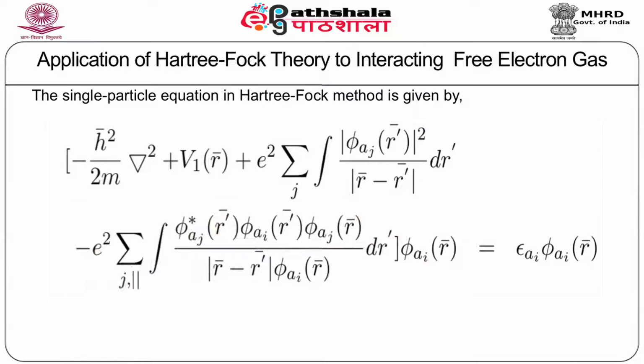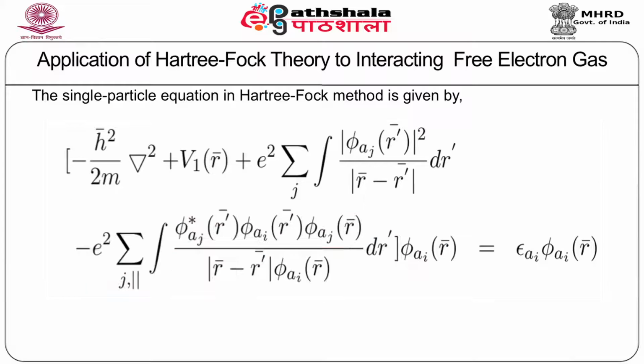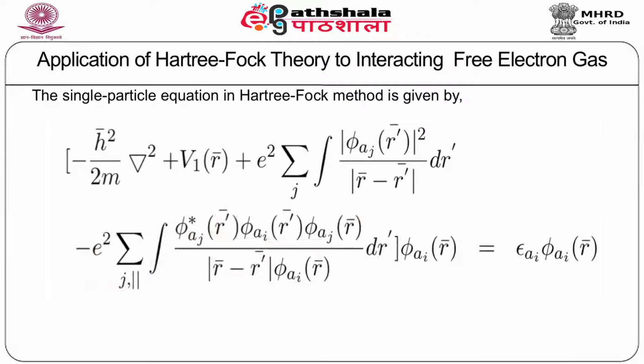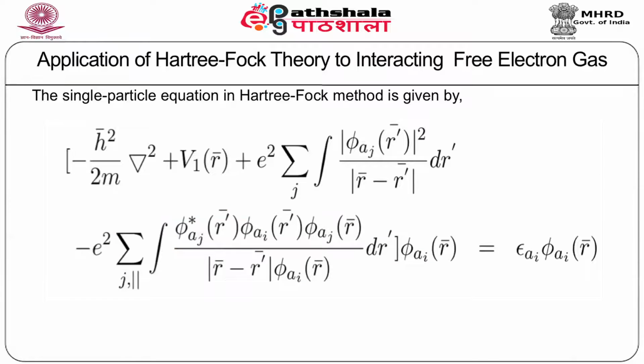And then the fourth term, which is the contribution from the exchange, is given by minus e square summation over j, where the summation over j is over the electrons having spin parallel to that of i, and given by integral phi star aj times phi ai times phi aj divided by r minus r prime times phi ai, and the whole thing multiplied by phi ai equal to epsilon ai phi ai.